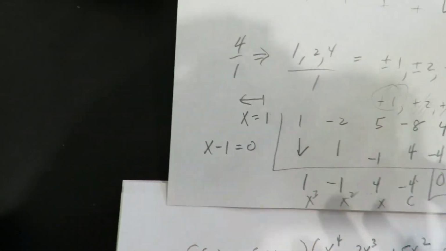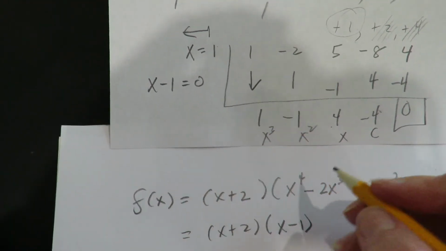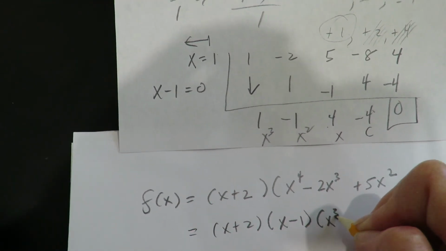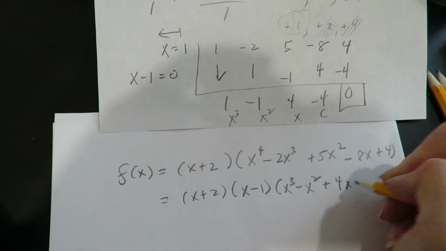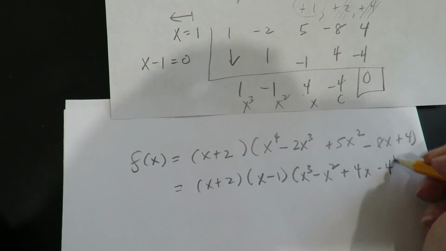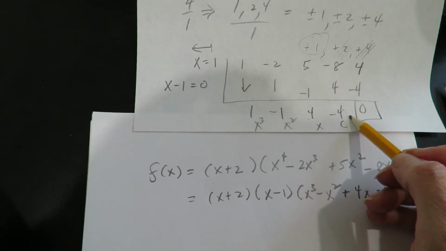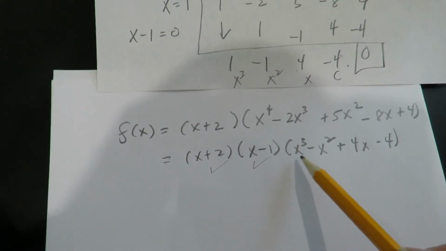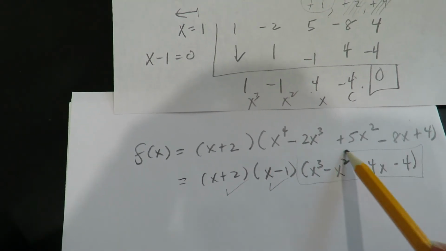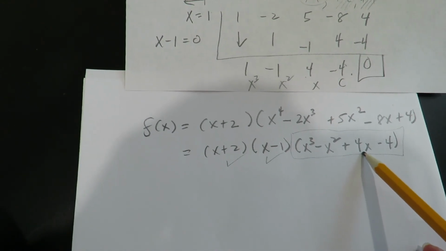And then it gives me who's left. So 1x cubed minus x squared plus 4x minus 4. That's what's left. Okay, so once you get the linear factor, what you want to do is just keep cutting away at this until it becomes quadratic.